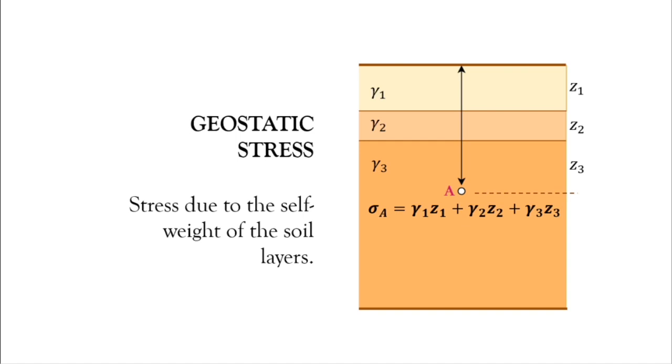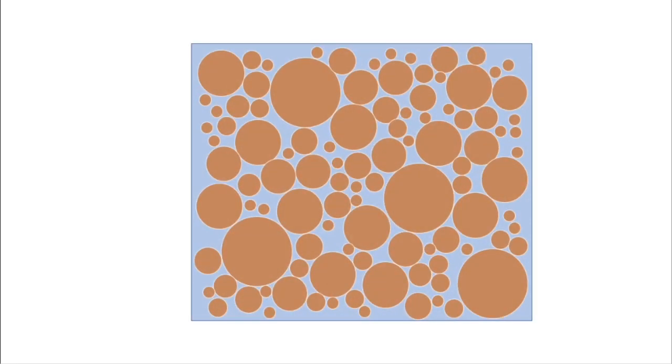So now let's magnify our view at a certain region around point A. You can see that there are the soil solids and the void spaces are filled with water. Suppose we would like to cut a section within this region and analyze the actual stresses acting upon this section.